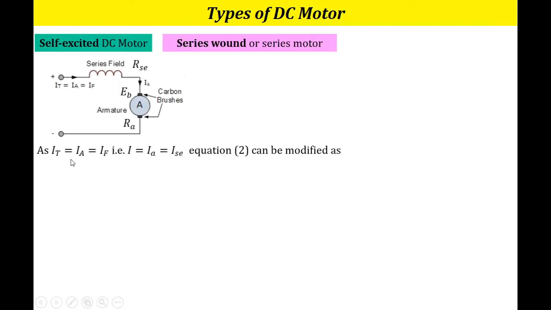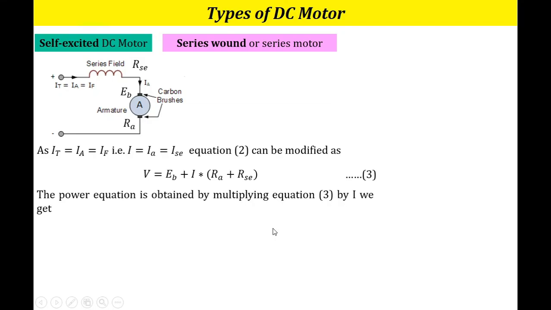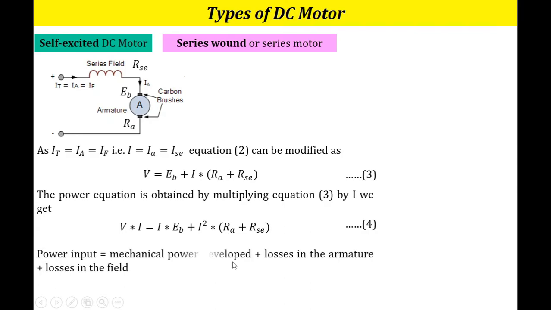As we know, total current I equals the current flowing through armature equals the current flowing through the series field winding. Therefore equation 2 can be modified as V equal to EB plus I into bracket RA plus RSE. Treat this as equation number 3. Now to find the power equation, we multiply equation number 3 by current I. We get V into I equal to I into EB plus I square into RA plus RSE.